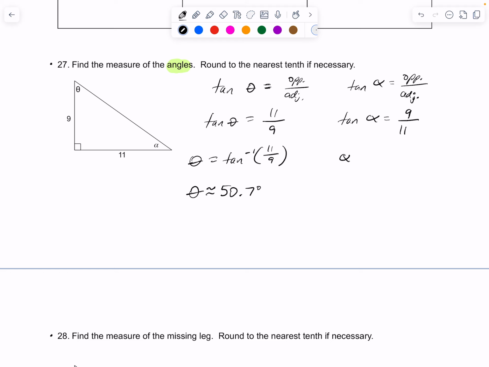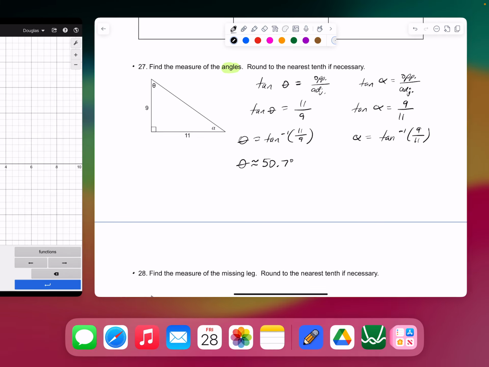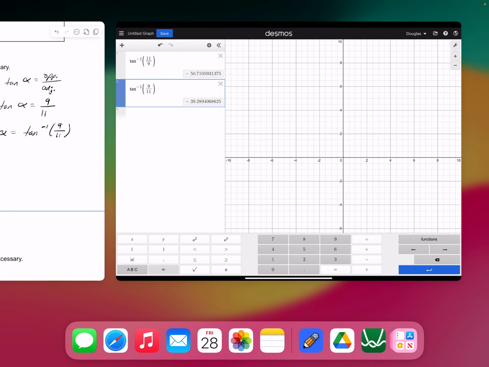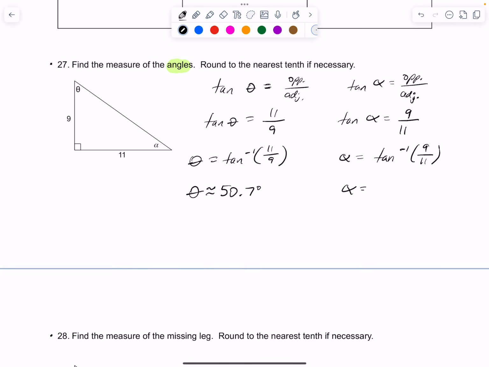So alpha is equal to tangent to the negative first power of 9 over 11. If I type that in, I'll get a different angle, approximately 39.3. So alpha equals 39.3 degrees.